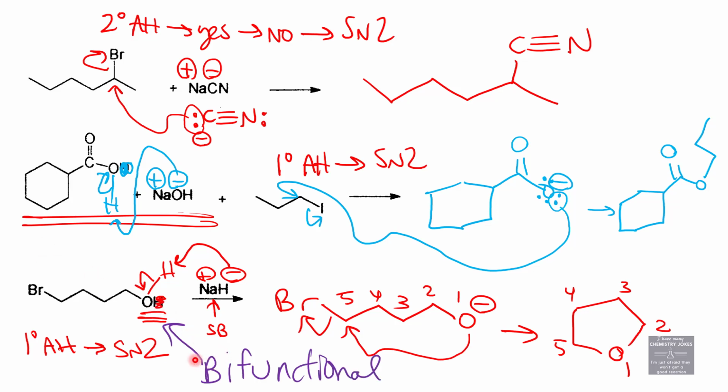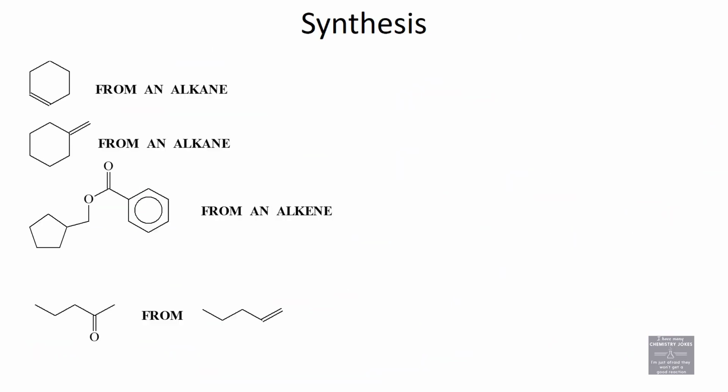In order to do a cyclization like this, you need a bifunctional compound. So when you have something bifunctional, often you'll need to adjust one of the functional groups, like deprotonate this alcohol, and then it will do its own intramolecular thing. There's a whole section in the textbook about whether you should do inter or intramolecular. Probably worth a little bit of time to look at it.